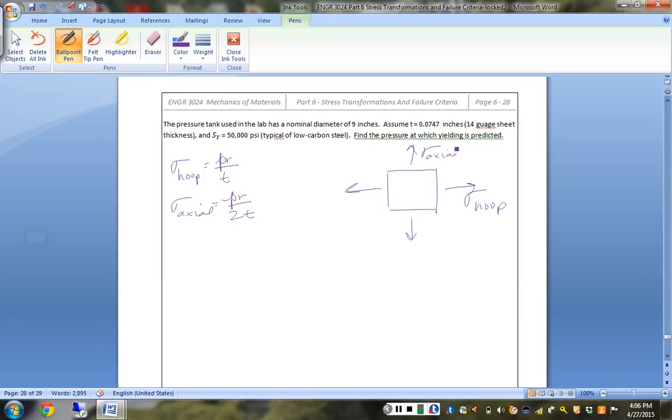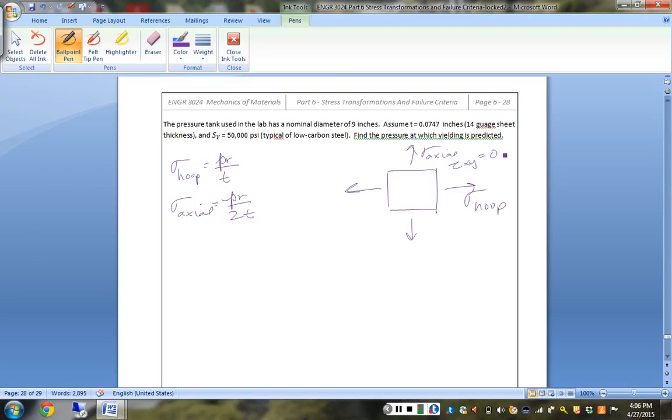One's hoop, one's axial. And how much shear is there in a pressure vessel case? By default, there is no deviatoric. Think about a balloon. What does a balloon do? It just gets bigger. There's no shifting, there's no twisting, there is no shear. So tau is 0.